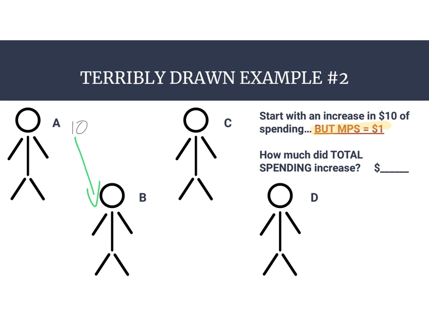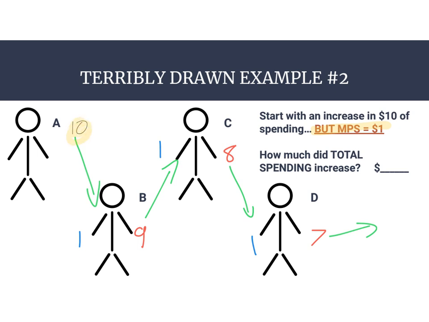So person B is not going to save $2, he's only going to save $1, and he's going to spend the remainder, which is $9, on person C. So person C now has $9 of income coming to him, and he's only going to save $1 as well, and he's going to spend the remaining $8 on person D. So person D now has $8 of income, and person D, of course, is going to save $1 and spend $7.